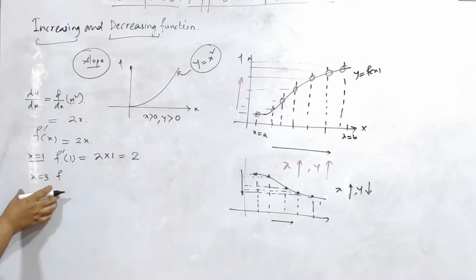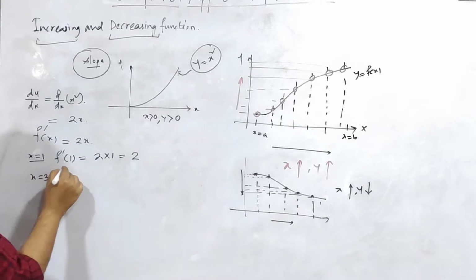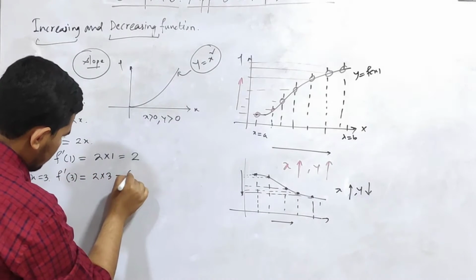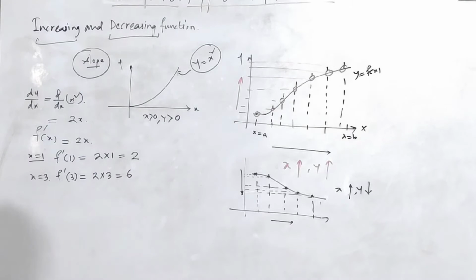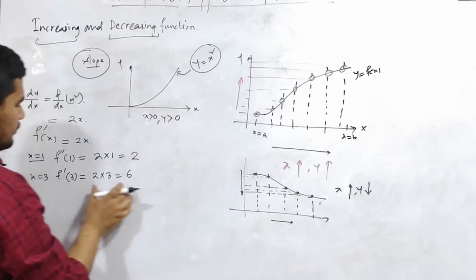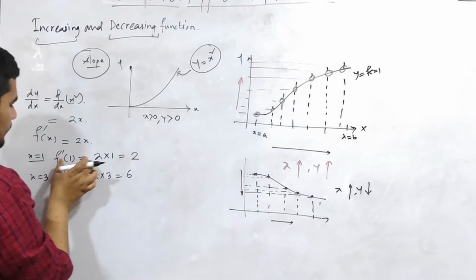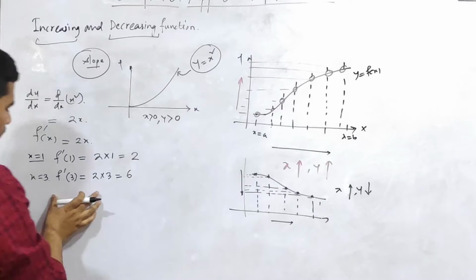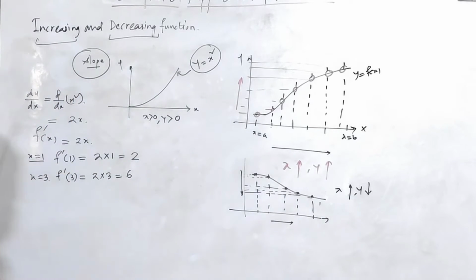Now when I take the value of f dash of 3, I will have 6. So you can see that when I move from x equal to 1 to x equal to 3, my f dash of x, that is f dash 1 and f dash 3 value, is also increasing.